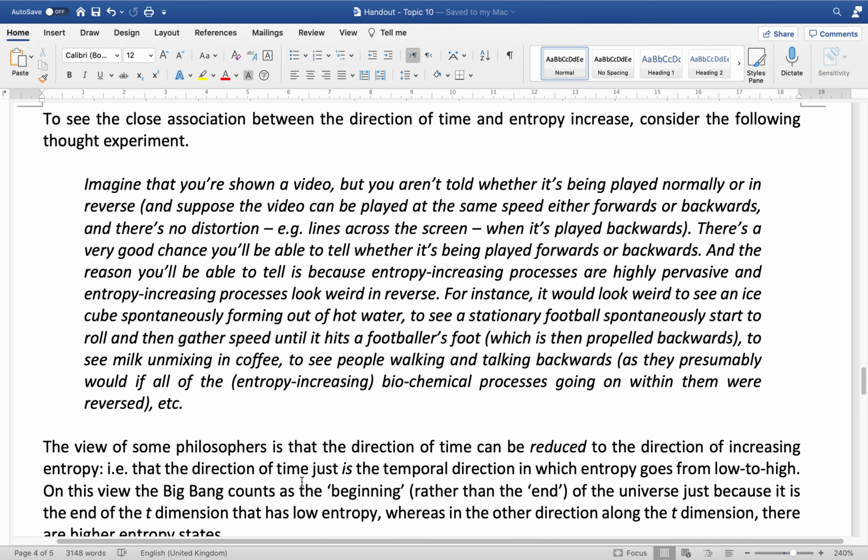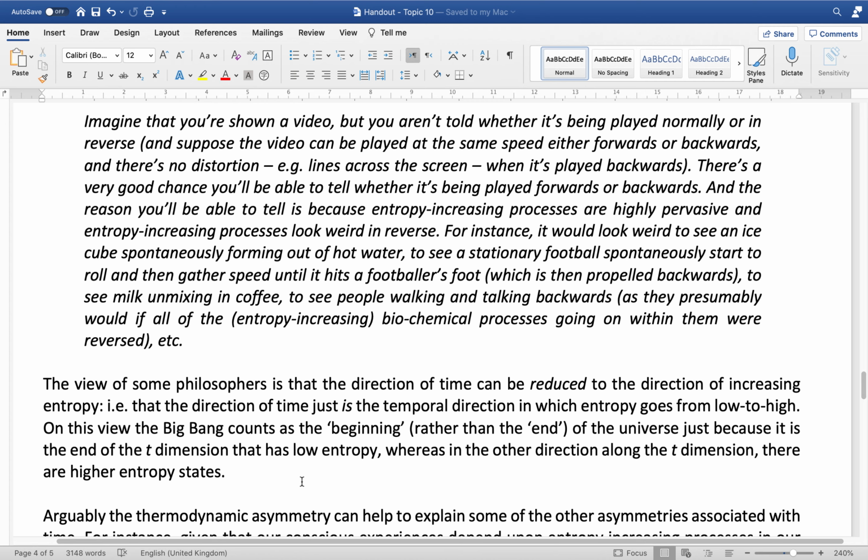So, there's a sort of good question. Does that mean that your actions are, or seem to be, explained by entropy increasing processes? So again, maybe this symptom of whether the video is being played forwards or backwards is itself either an entropy increasing process or at least explained in terms of entropy increasing processes.